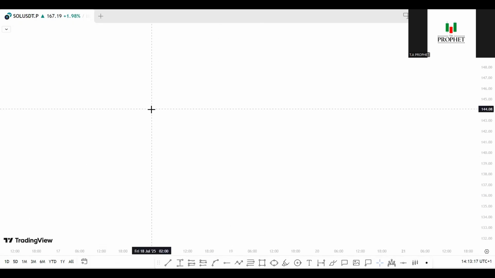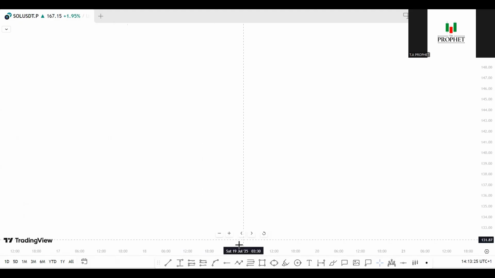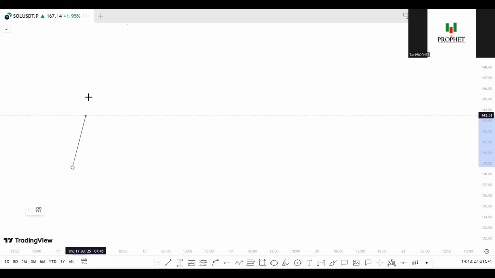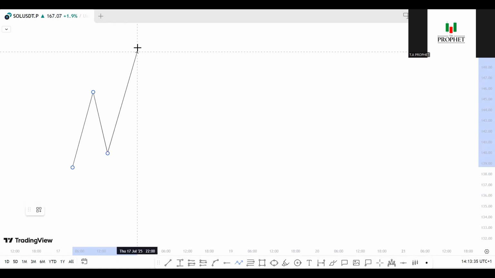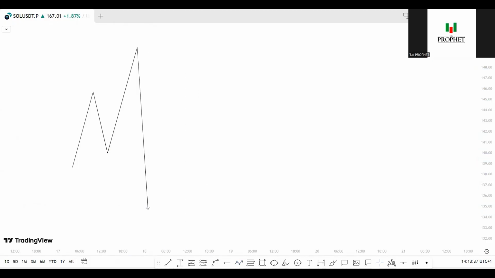Now, before we do, let me bring something to your notice. Before you identify a level as an order block, let's take for example something like this. Market is going up, then you have something like this. Now pay attention.